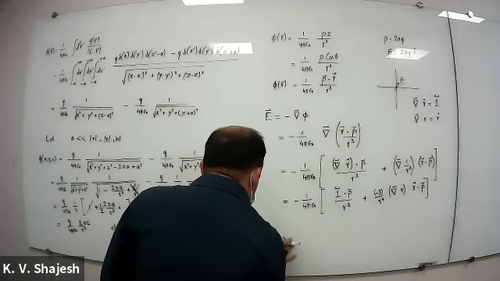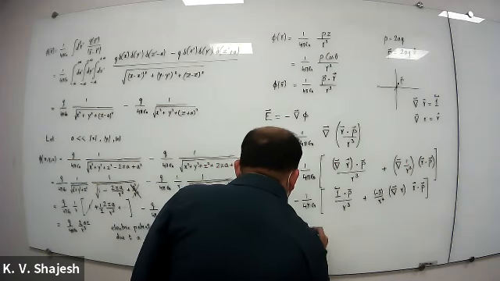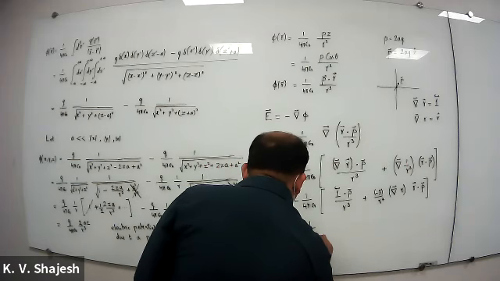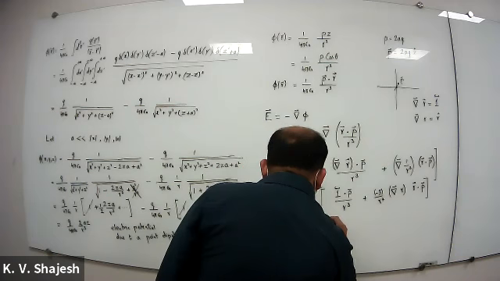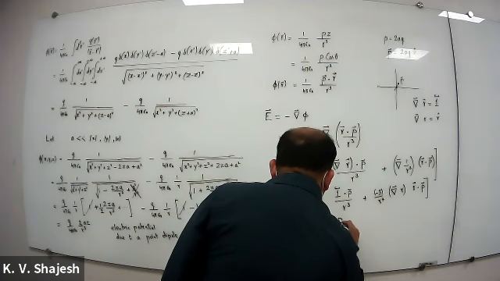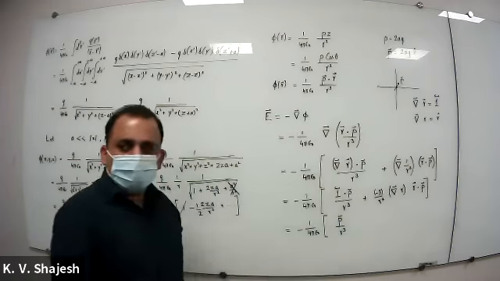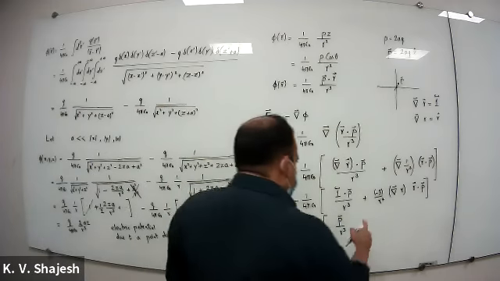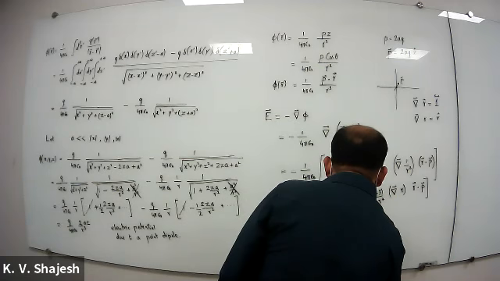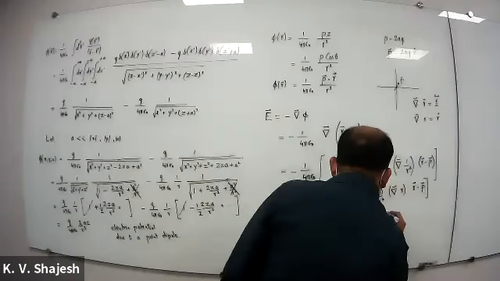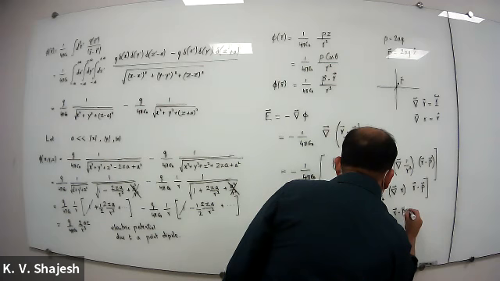Going slowly, writing more steps. 1 over 4 pi epsilon naught, and this is P over R cube, and this is minus 3 R hat, and that is vector R dotted with P over R raised to 4.